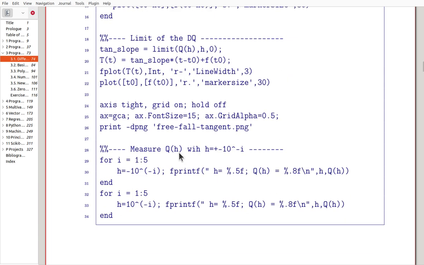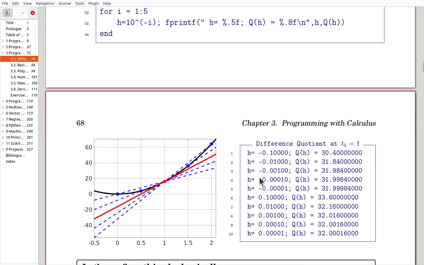Now this is a picture environment, and for each h, we print out the difference quotient. That's the program.